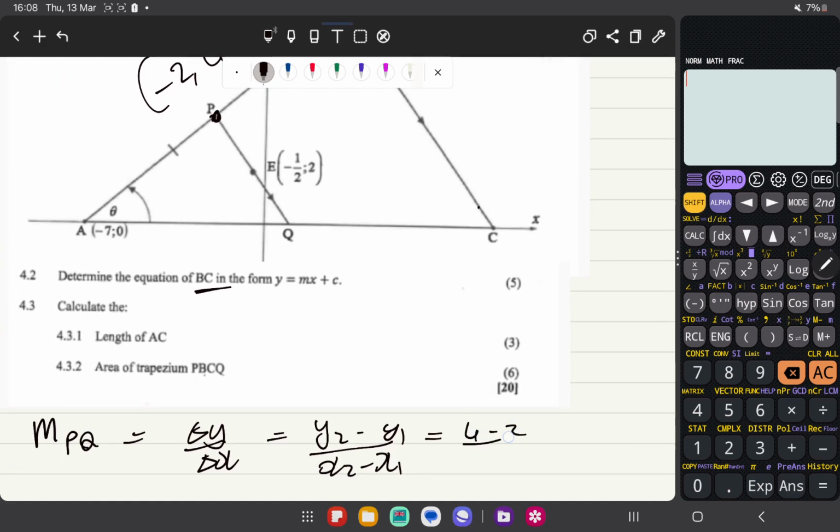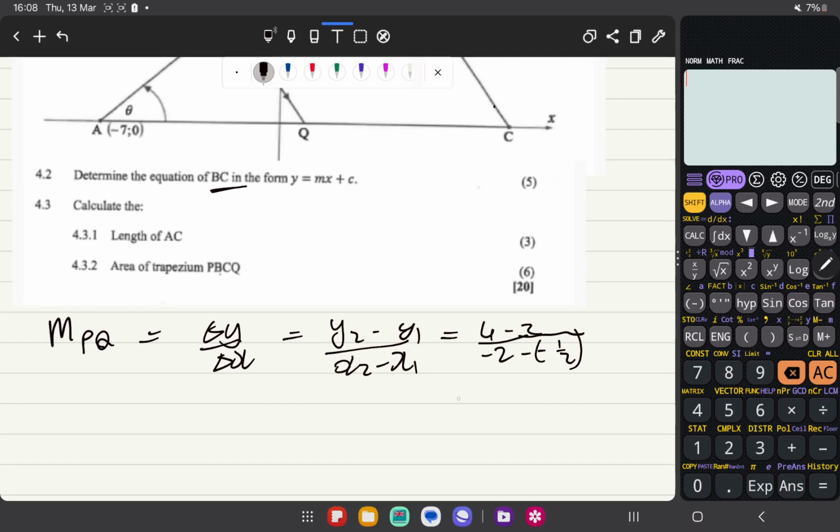4 minus 2 over minus 2 minus half, and that's gonna give me what? That's gonna give me 2 all over -2 plus half. To make math easy for me, I can say this 2 is 4/2, right?